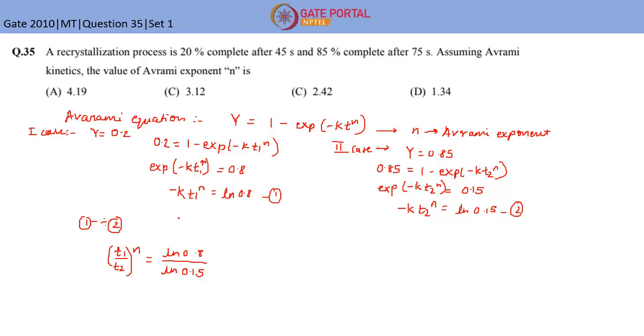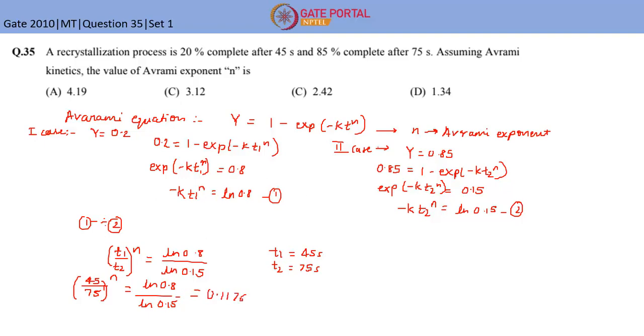T1 is 45 seconds and T2 is 75 seconds. So we can directly put this in this equation, which will be 45 divided by 75 raised to power n is equal to ln of 0.8 by ln of 0.15, which is basically 0.1176.